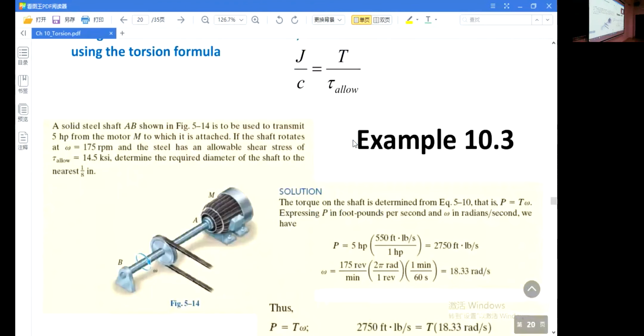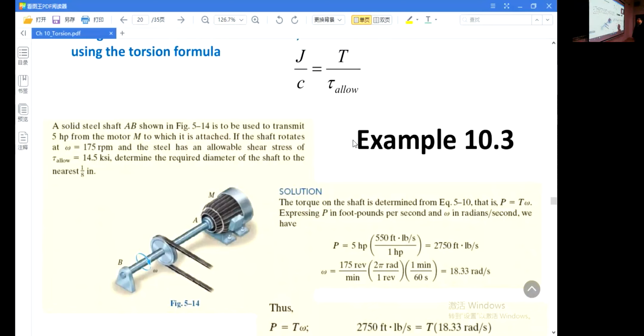Here is the example. A solid steel shaft is shown in the figure. It will be used to transmit 5 horsepower from the motor M, which is attached.